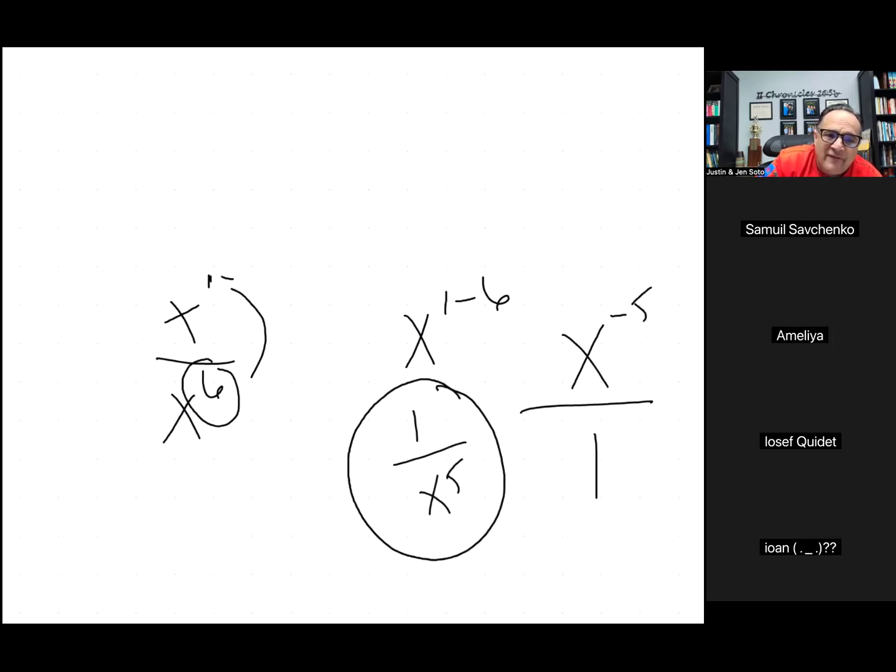You cannot have a negative exponent. So you just write it with the exponent, the same absolute value of it, which is negative 5, it's 5, but you write it in the denominator.